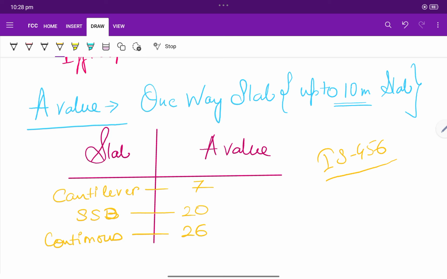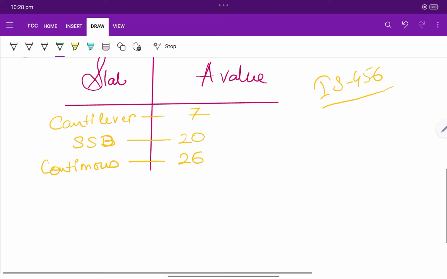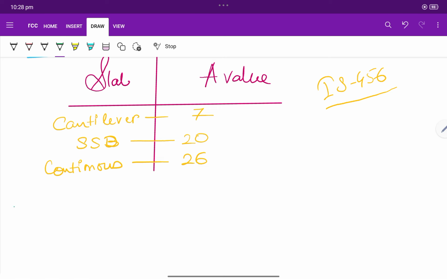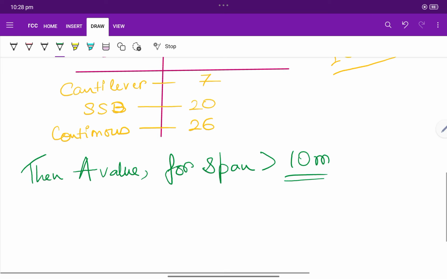So this is up to a 10 meter span. If the span is more than 10 meter, this means the shorter span, not the longer.